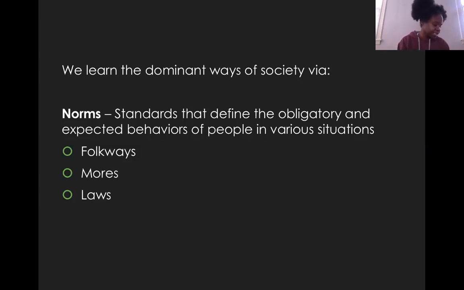So for instance, this is an example I came across before. I'm just thinking about whether or not I should actually give this example, but I'll give it. Two men walking down the street holding hands, in a community. Again, there is no law in the United States that says that men cannot hold hands.